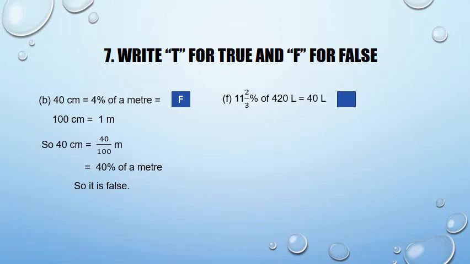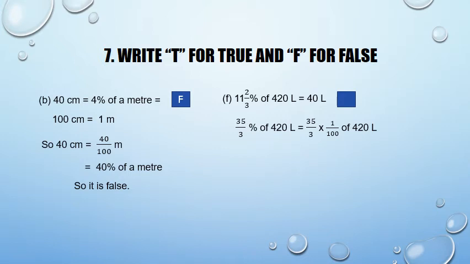Now let's move to the C part. 11 2 by 3% of 420 liter is equal to 40 liter. So let us find out whether it is true or false. 11 2 by 3% of 420 liter is equal to 35 upon 3%, which means divided by 100, and when we are dividing it by 100 we will write the multiplication sign and then the reciprocal of 100, which is 1 upon 100.